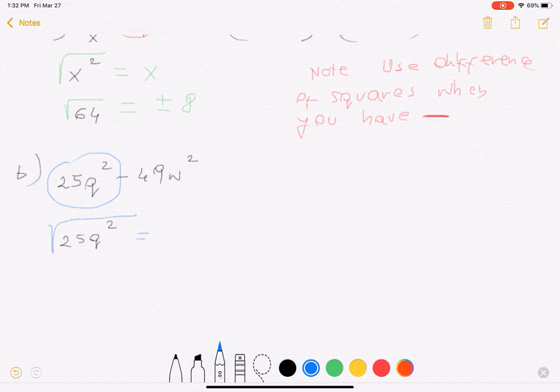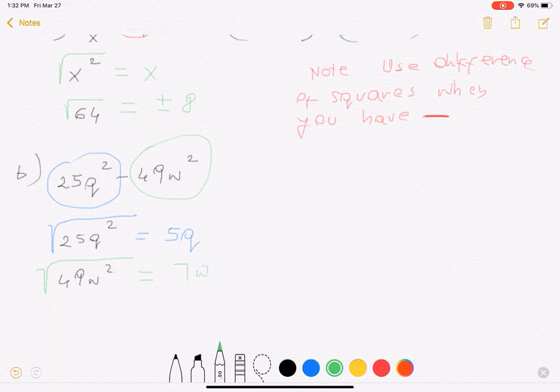So the square root of 25 is 5, the square root of q squared will give you q. Now do the same thing with 49w squared. The square root of 49 is 7, the square root of w squared will be w.